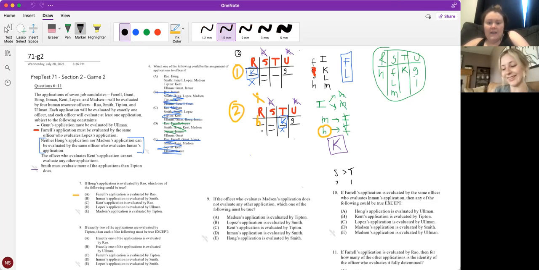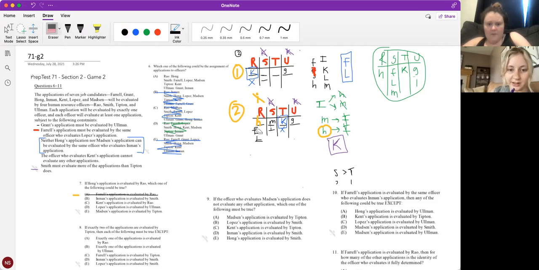So if we put F here and then we put L, that would mean that M and I would have to go here, but does that work? No, because M and I can't be together. So we know that it's not A.